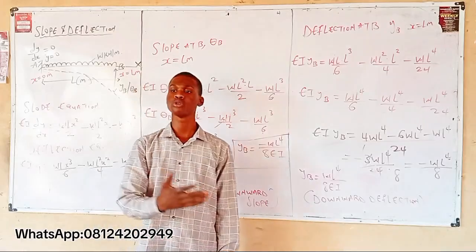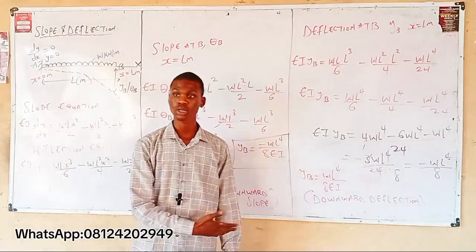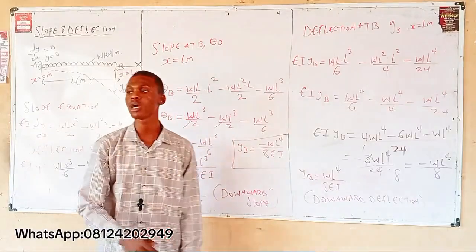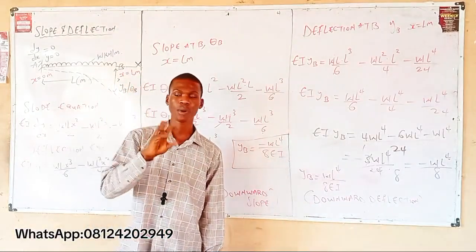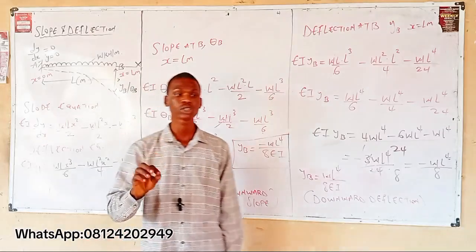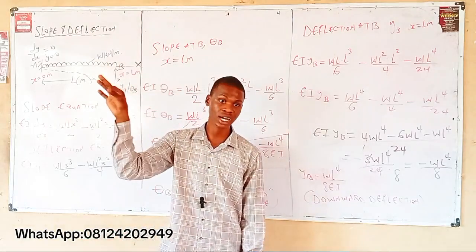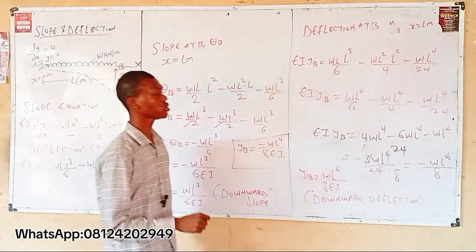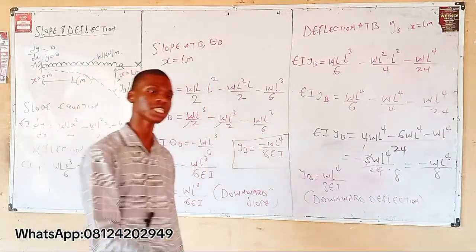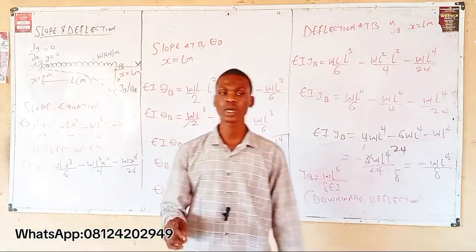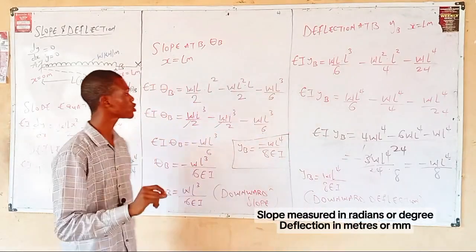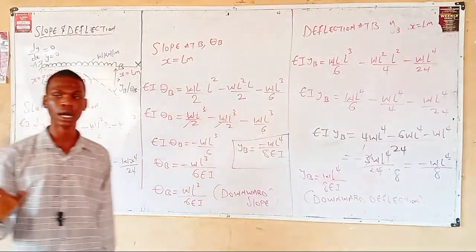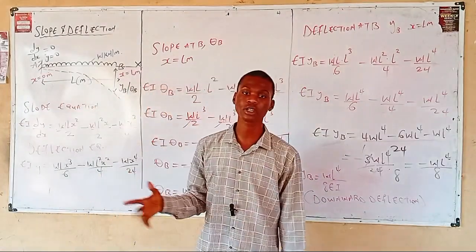By the time you substitute, you'll be able to know the value of the slope and deflection. Take note, your slope is measured in radian or angle, meaning you convert radian to angle, while your deflection is measured in meter or millimeter. So this comes to the end of this video.